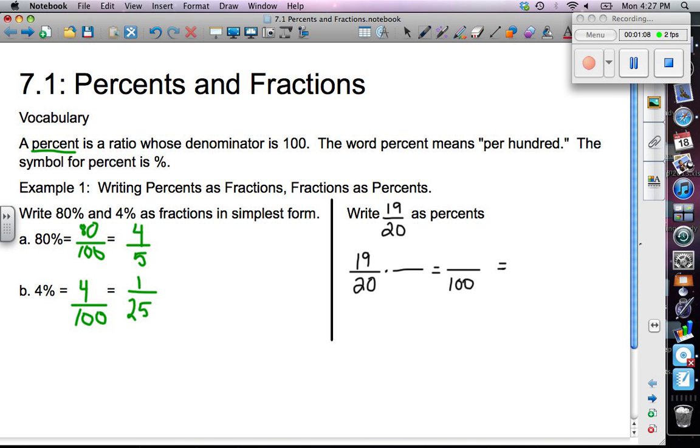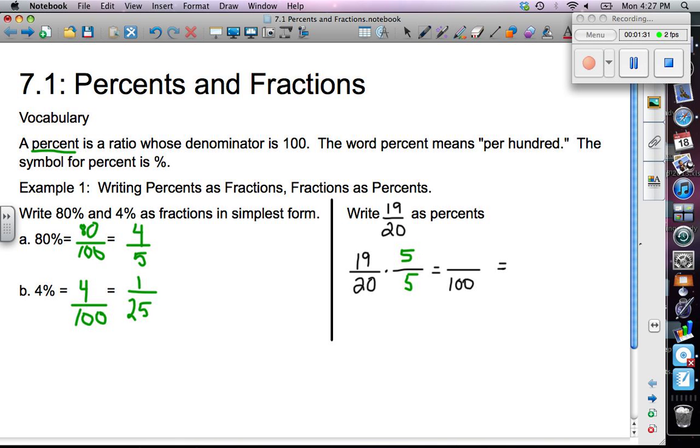So to change it from a percent into a fraction, we simply put the number over 100 and then simplify the fraction. So for example, if we had 19 over 20, to write that as a percent, this is going the opposite way. How many times does 20 go into 100? Well, that's 5. So we have to multiply both the numerator and the denominator by 5 to get it in a fraction over 100.